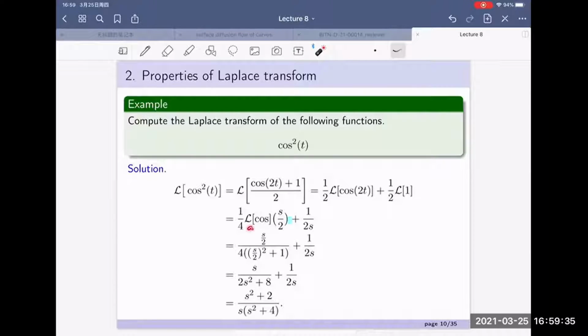Then you look at the table: what is the Laplace transform of the cosine function? Then you get the answer. So we always convert complicated functions to simpler functions which appear in the table of Laplace transform.